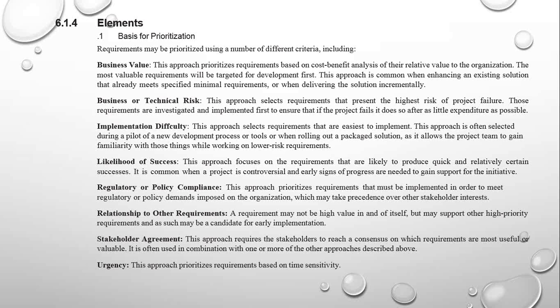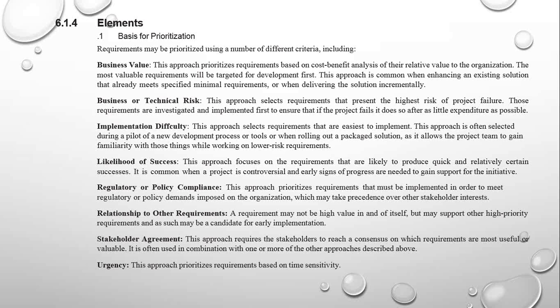Let's understand business value. Business value is what value your organization is going to get when you do this. There is something called cost-benefit analysis. Think about it: if you spend $100 and you are not getting any return back which is more than $100, there is no point in doing it. So it's very important that we have a business value, and you can get it by doing the cost-benefit analysis to find out what the additional, relative value for an organization will be if this work is done.